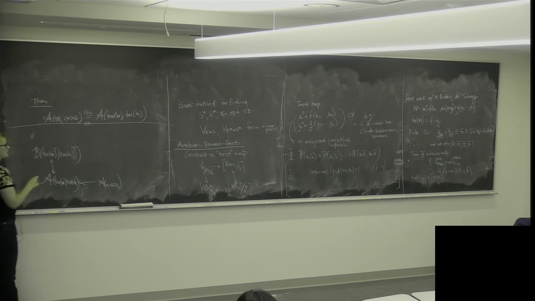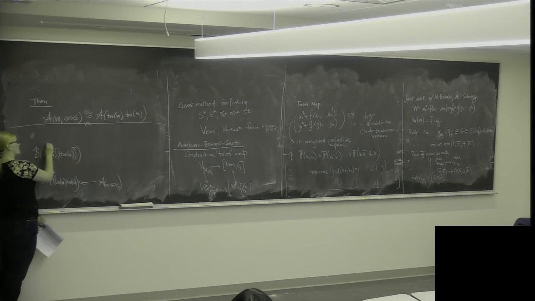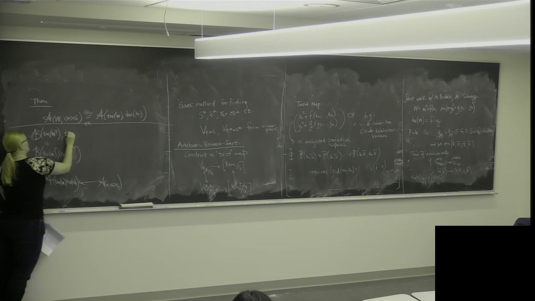So I'm not going to write that down, but I'll just say it out loud. And it also turns out to be true, but much more difficult to prove, that the transpose of the twist of the group is the same thing as the twist of the transpose of the group. So this is actually exactly the same thing as the twist of W transpose and the twist of G transpose.